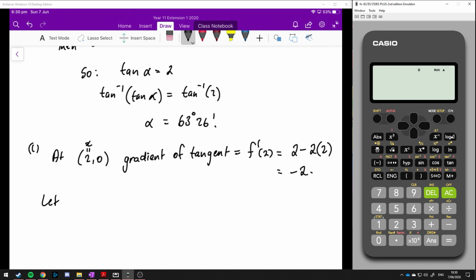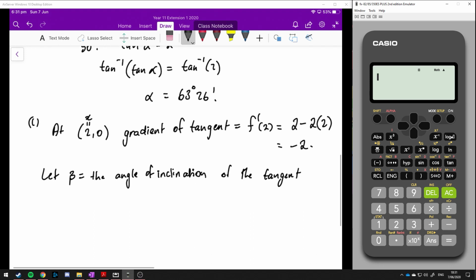Now what we're going to do is find the angle of inclination. This time we'll let beta be equal to the angle of inclination of the tangent. Going through the same process, tan of beta is equal to -2.